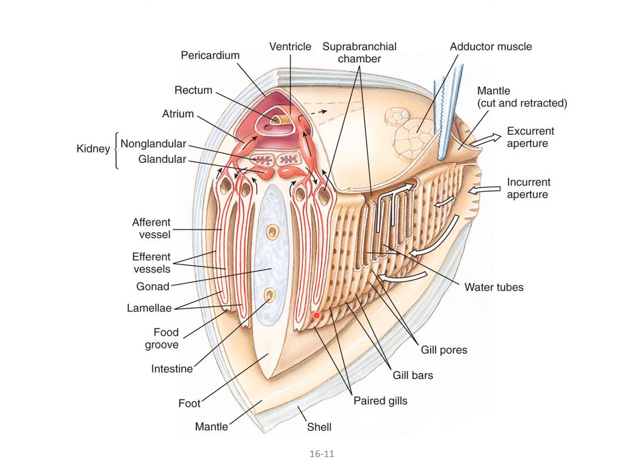It's called a food groove. And the mucus and food get moved along towards the anterior end of the animal via this little groove and cilia, and then go into the mouth at the anterior end.